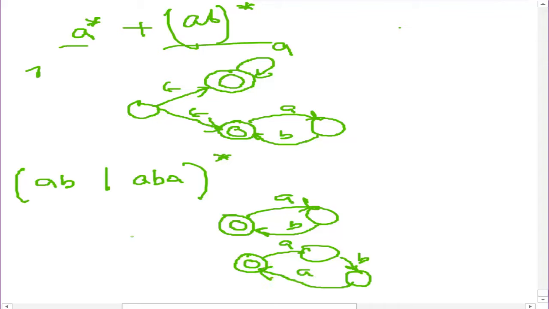Now I combine them together using epsilon transitions from a single starting state, right? So this is going to be my AB or ABA star union. Or I could do one thing: I can make a single final state with epsilon transitions to that, right?